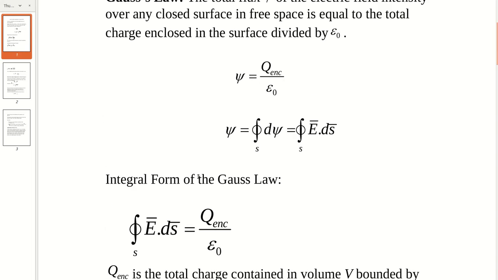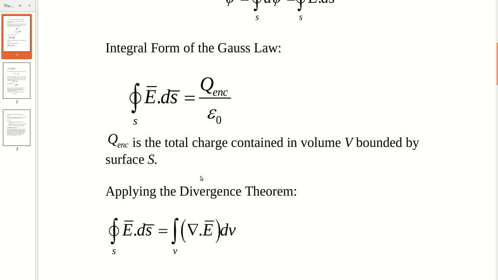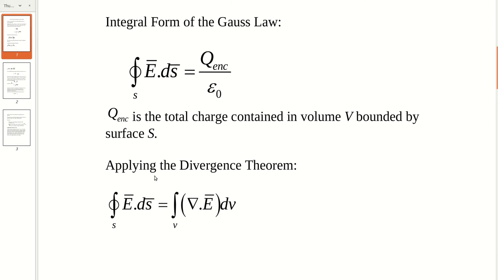This is very easy. So Q enclosed is the total charge contained here, bounded by the boundaries of the surface. And if we apply the divergence theorem from before, the closed surface integral of E dot dS is equal to the integral of the divergence of E dV.